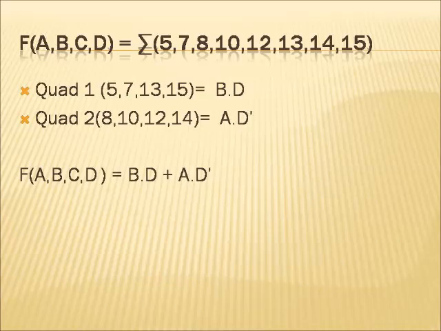Now we have got the reduced form of the given Boolean expression. The reduced form is f of A comma B comma C comma D equal to B dot D plus A dot D bar. As it is a SOP form, we have to write it as B dot D plus A dot D bar.